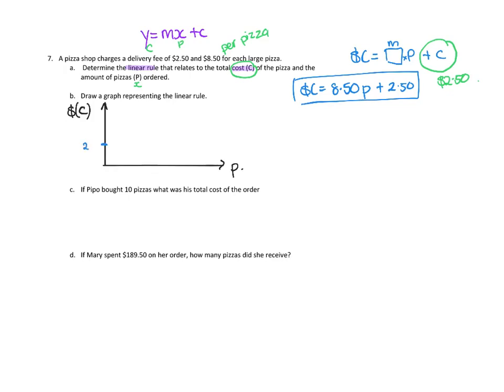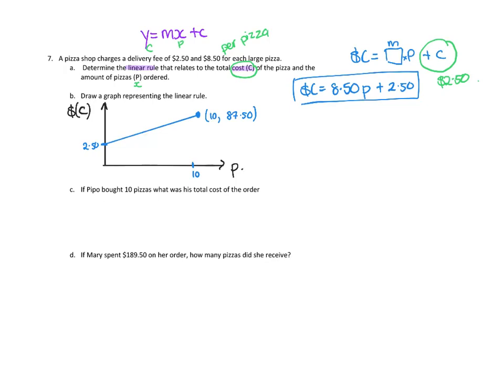So that means it starts up at $2.50. Now, they just said to draw a line. So let's just do an easy one. What if you got 10 pizzas? How much would it cost you? 10 times $8.50 is what? $85 plus $2.50. What's that? $87.50. Do you agree? Yes. Yeah. So if we do 10 pizzas, we'd have the point 10 and $87.50.